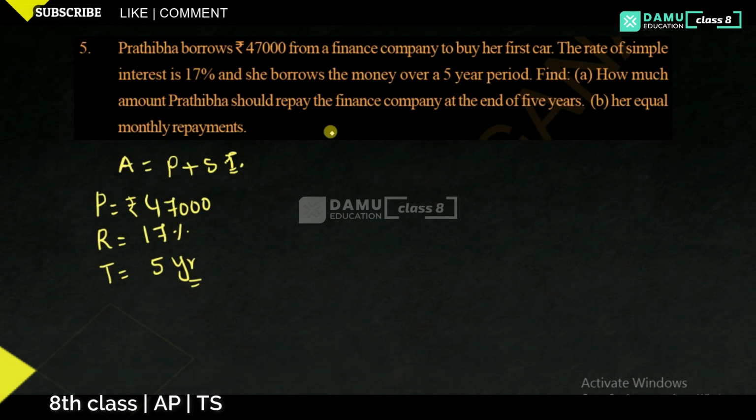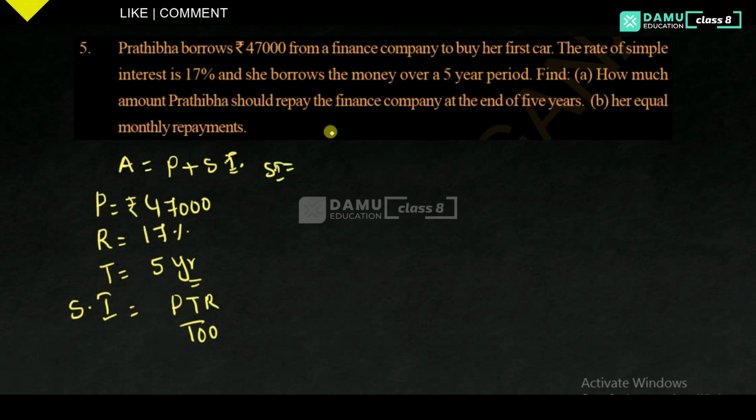So the simple interest will be equal to PTR by 100. So what is the principal here? The simple interest will be equal to principal 47,000 rupees into the time duration 5 into rate of interest 17 by 100. So here 2 zeros will cancel.